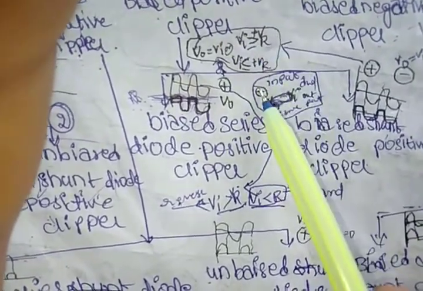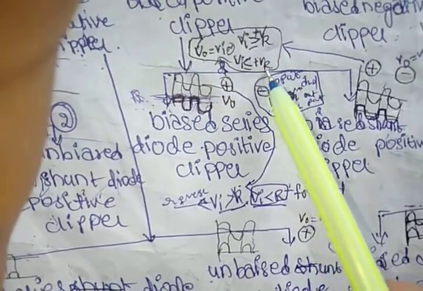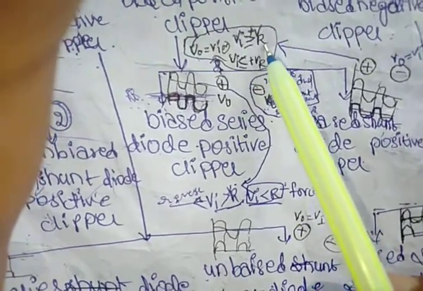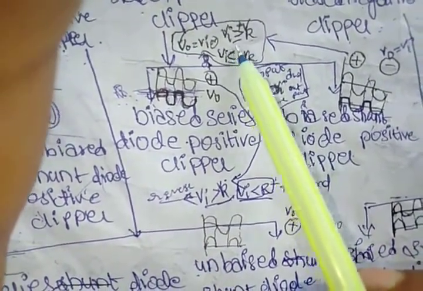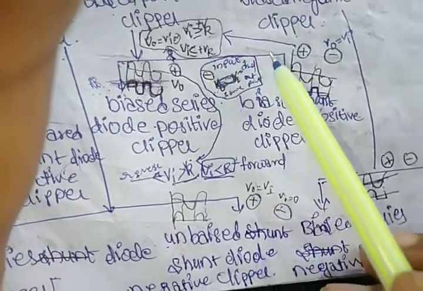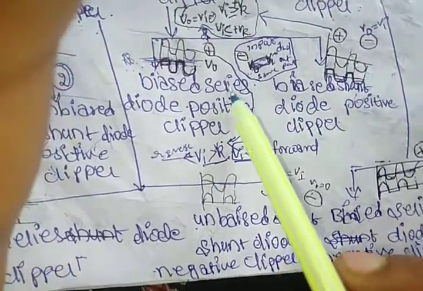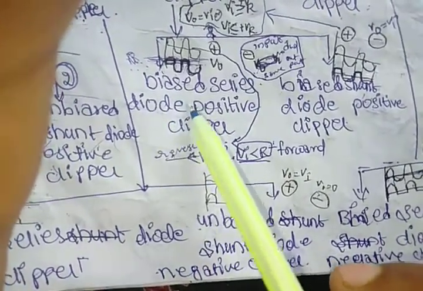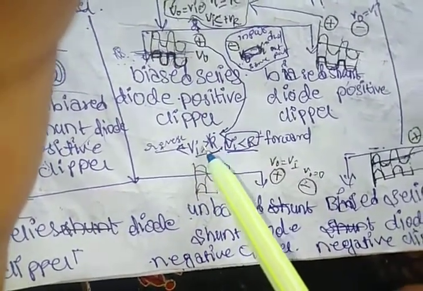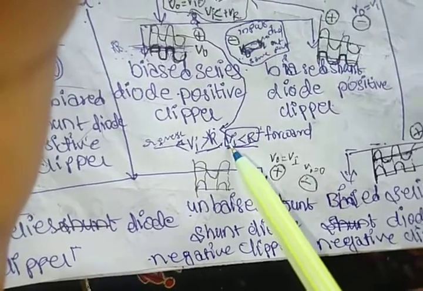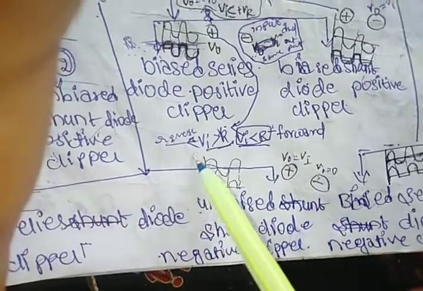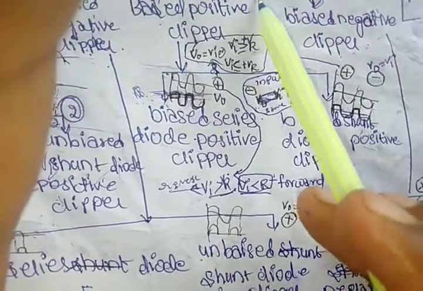There are two conditions: if Vi is greater than the reference voltage, and if Vi is lesser than or equal to it. This one is in reverse, and this one is in forward, which is also the same.